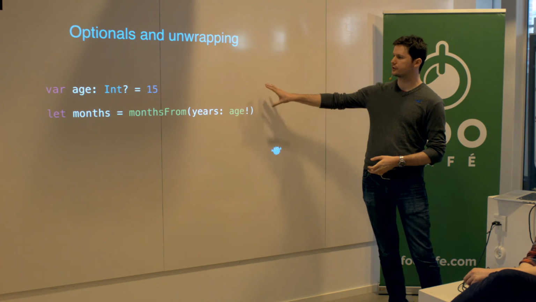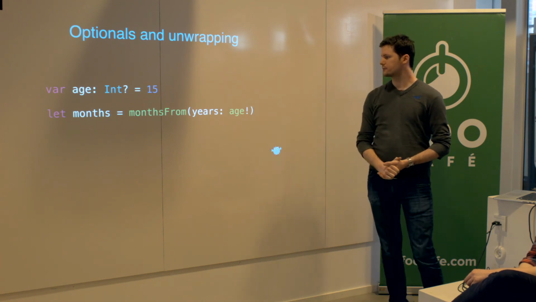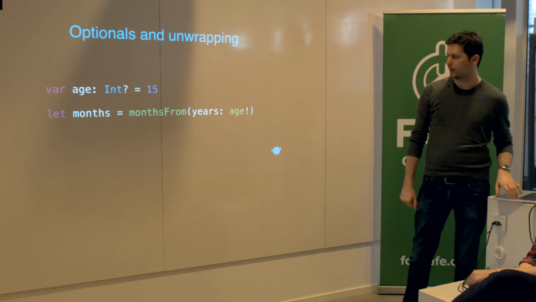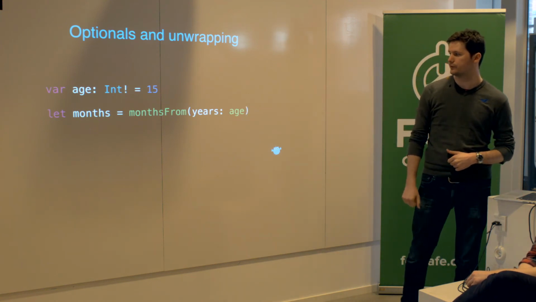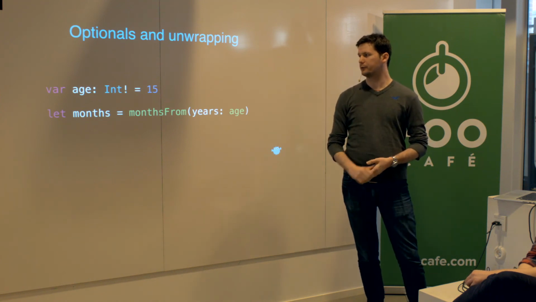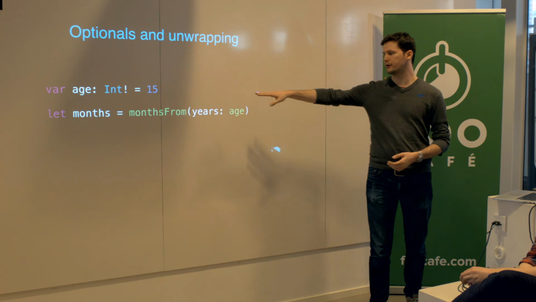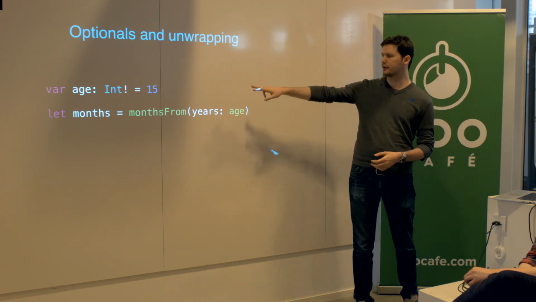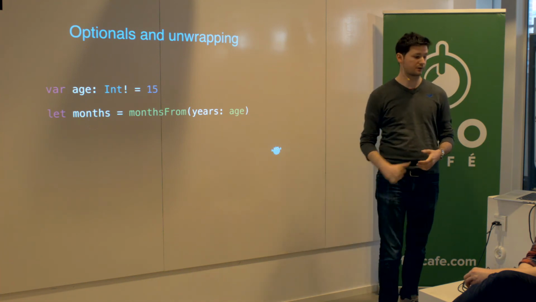In this case, we're very certain that we will always have a value, and that's perfectly legal to do. We can actually also move that exclamation mark up there. What happens is that every time we use age, it'll be unwrapped for us. But be careful, if it is actually nil and you use it, it's going to crash.